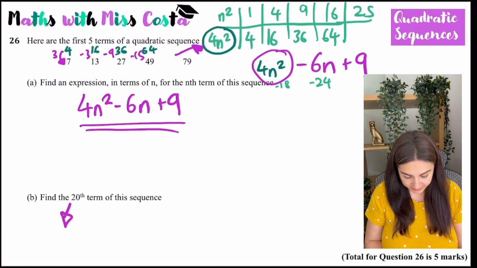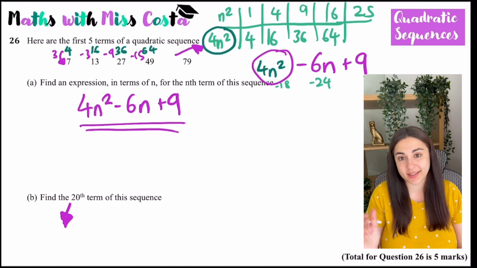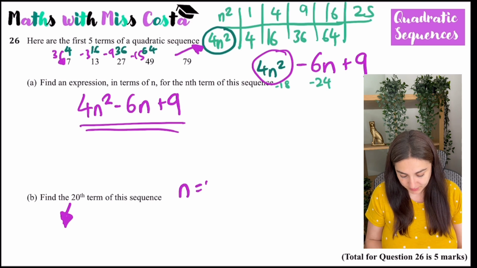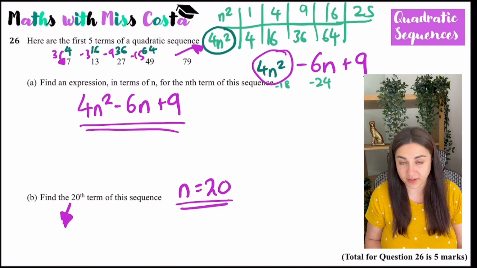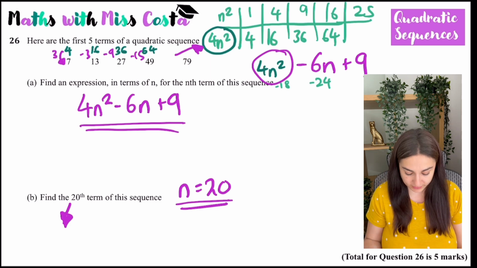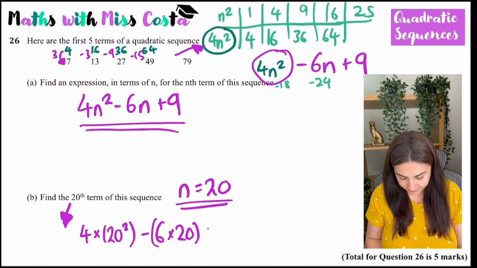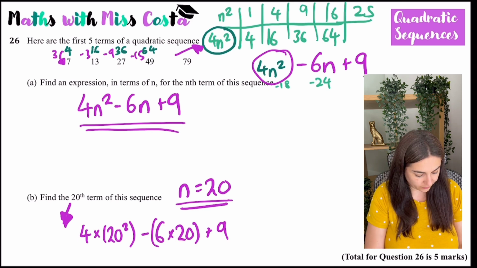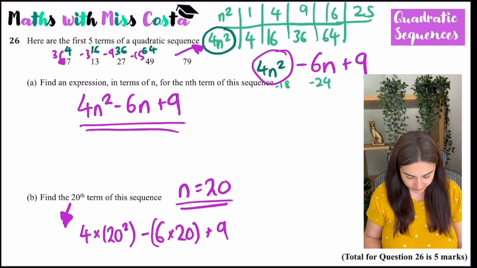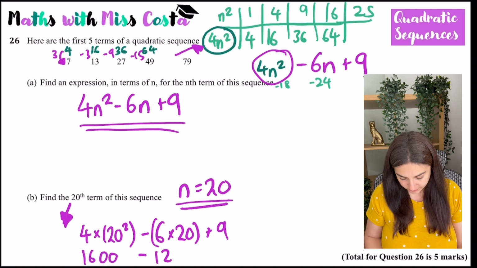Now I'm next being asked to find the 20th term of the sequence, so all I do is I substitute n equals 20. If I was asked to find the 40th term, I'd substitute n equals 40. So that would be 4 times 20 squared, take away 6 times 20 plus 9. So 4 times 20 squared is 1,600, take away 120 plus 9.